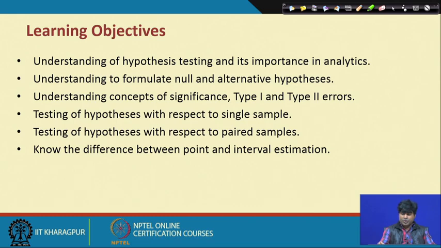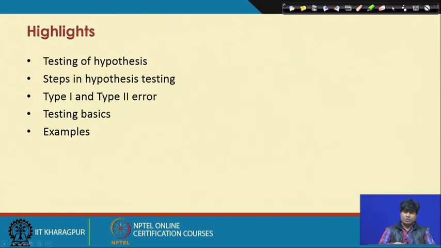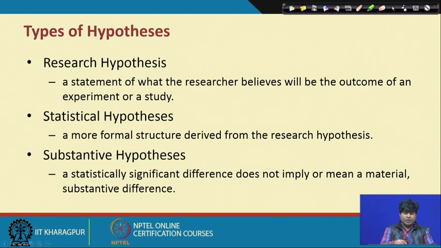So, now we have actually discussed in detail about the particular structure, and in this lecture we will again repeat the typical structures like testing of hypothesis, steps in hypothesis testing, type 1 error, type 2 error, and some of the basics behind the testing procedures and certain examples, and any kind of investigation process.